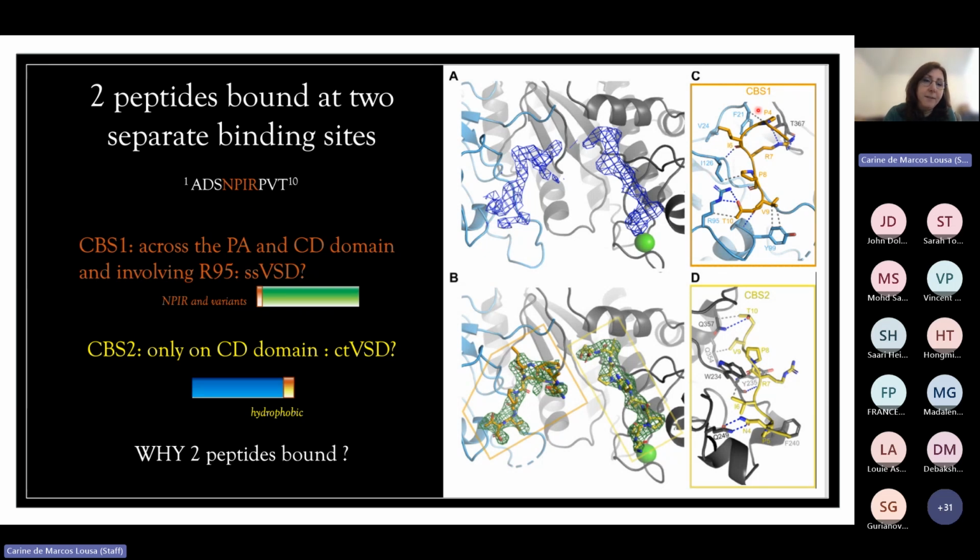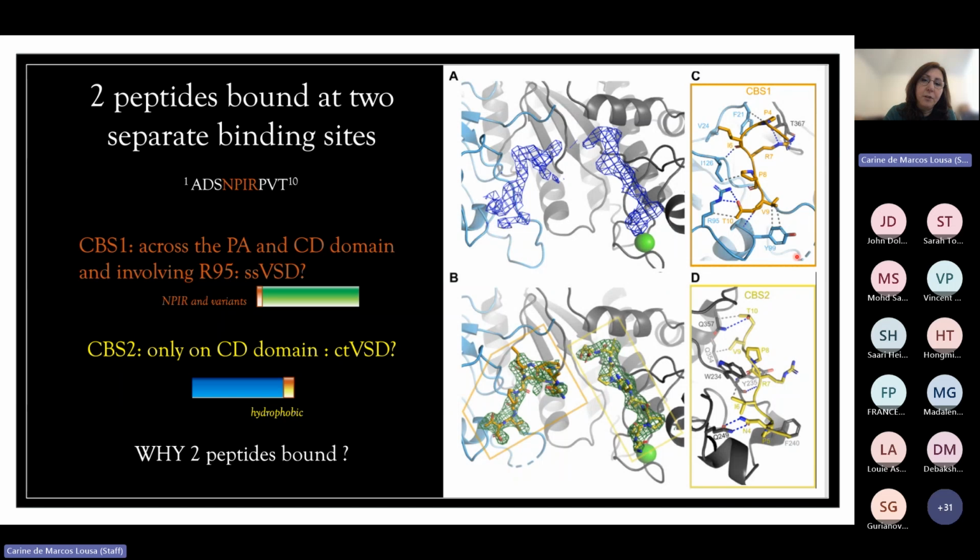One is named CBS1 for cargo binding site 1, and one is named CBS2 for cargo binding site 2. In the CBS1, you can see that it is across the PA domain here in blue and the CD domain here in black, while cargo binding site 2 is only located in the CD domain.